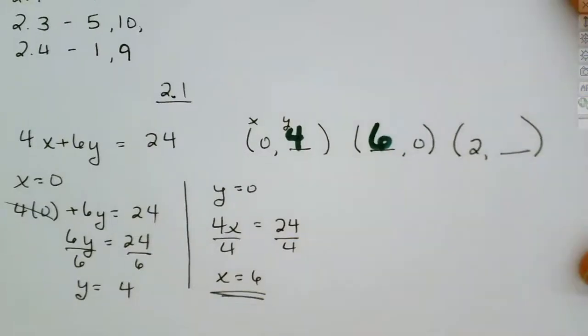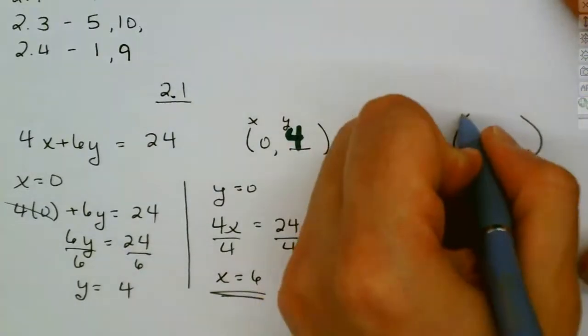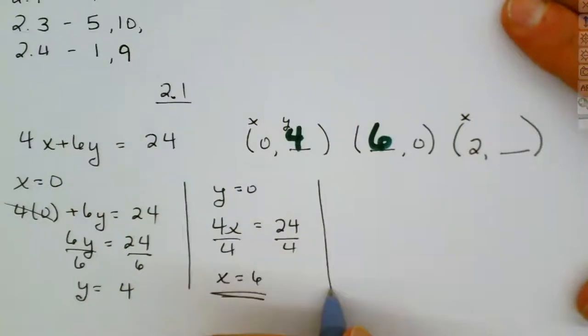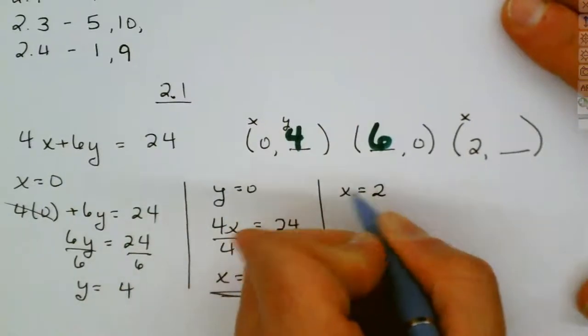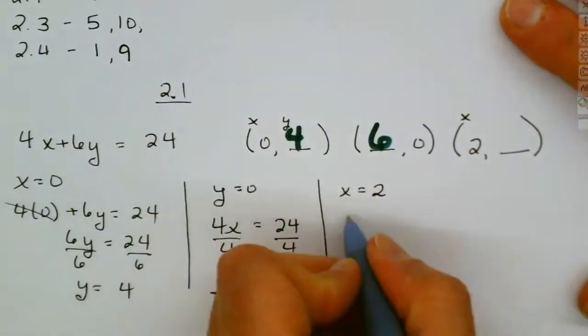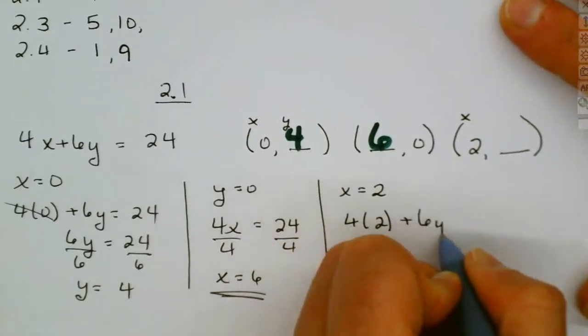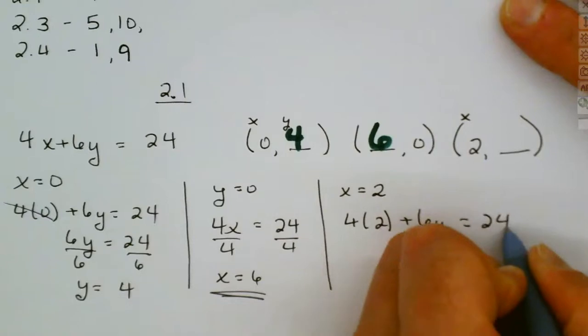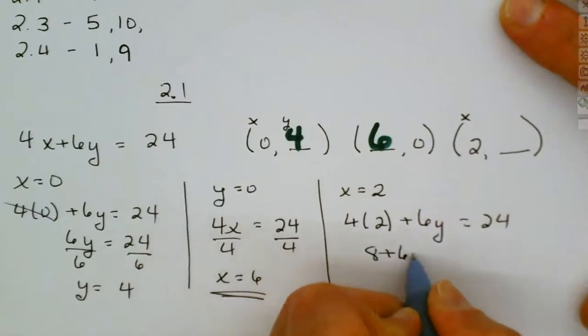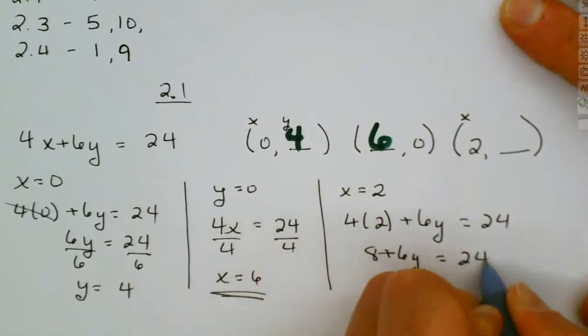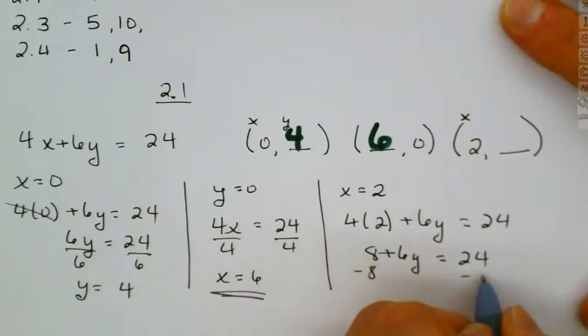And for the last one, what are we going to plug in? We're going to plug in 2. And that's 4 times 2 plus 6y equals 24. So that's 8 plus 6y equals 24. We'll move the 8 over.